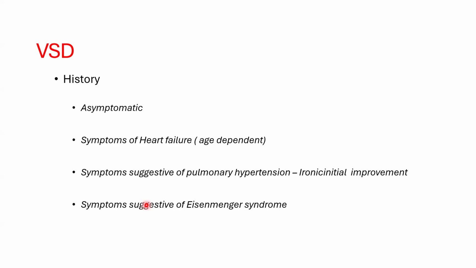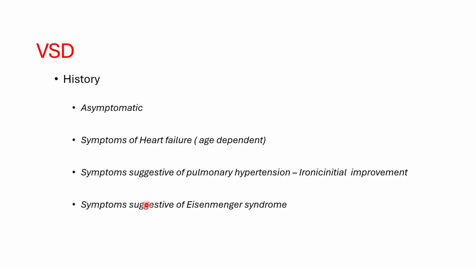In the history of VSD, they can be asymptomatic if they are small, or if they are moderate to large, they can come with features of heart failure, which are age dependent. So if it's in an infant or younger child, they'll be failing to grow. In older ones, you have your typical orthopnea, paroxysmal nocturnal dyspnea, and so on. They may also appear already in pulmonary hypertension if the defect is not repaired.